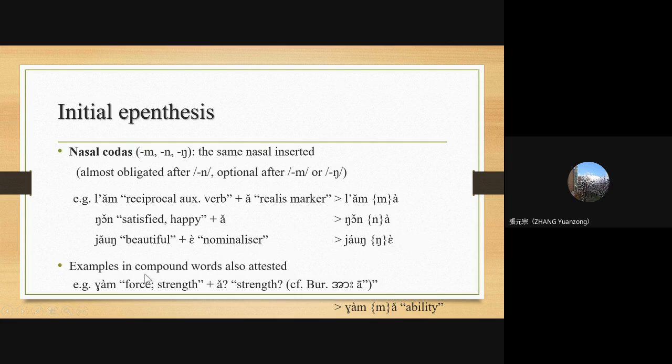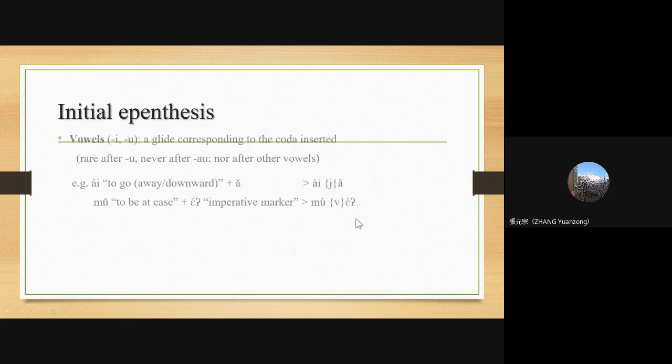Not only on verbs but in compound nouns, the phenomenon does happen as well. For example, in the compound word gamma, the m coda was copied to the next syllable.